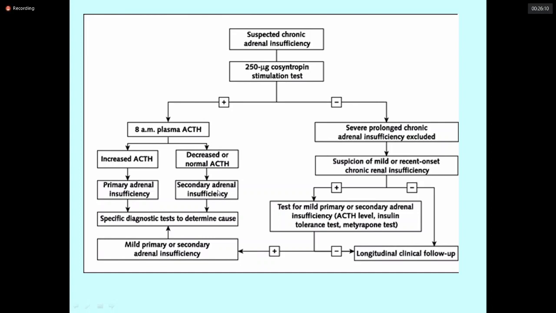Again we do imaging for that area and we try to determine the etiologies اللي حكينا عنهم.